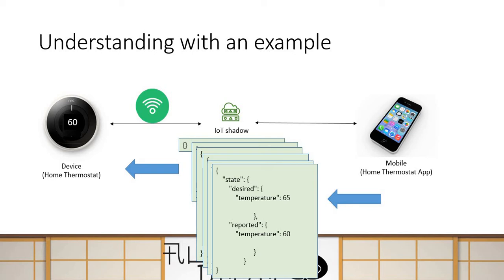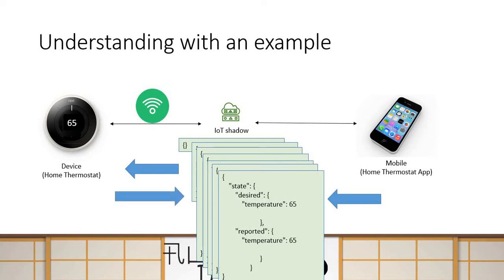If it is, suppose, 60 degrees, then the device says, okay, fine, I don't need to do anything. I'm already at 60 degrees and the desired state is 60 degrees. But in this case, the desired state is 65 degrees. So what it will do is change the temperature to 65 degrees and report back that, hey, the status has been changed to 65 degrees.